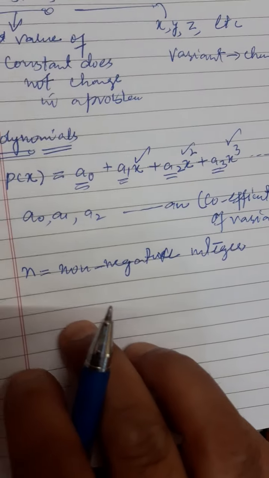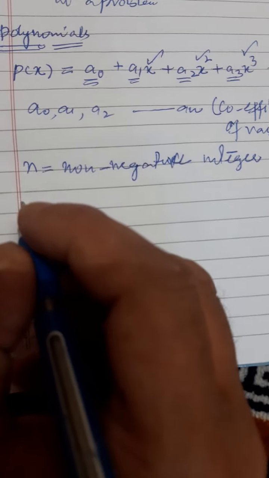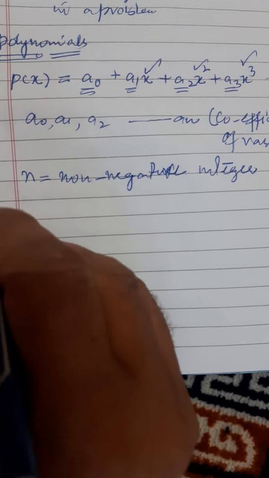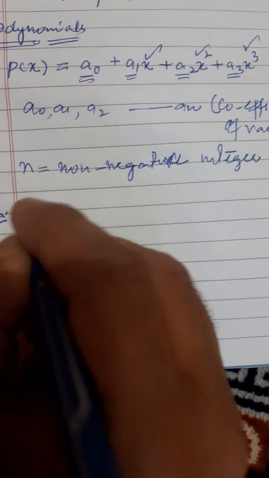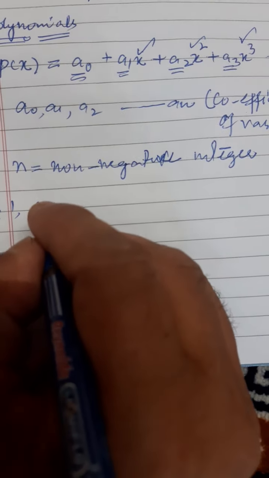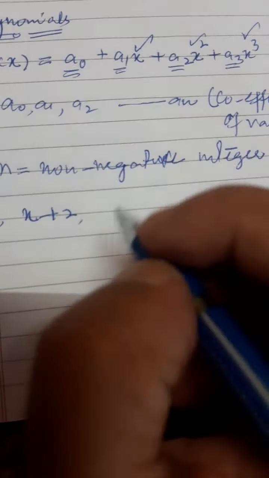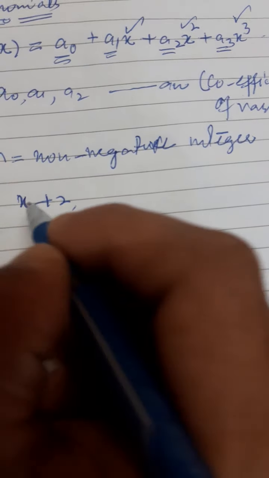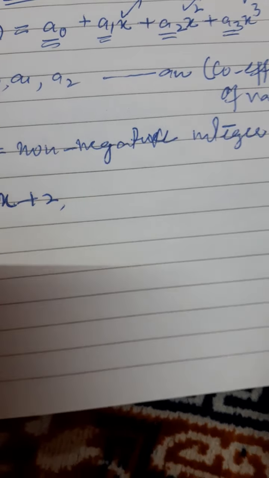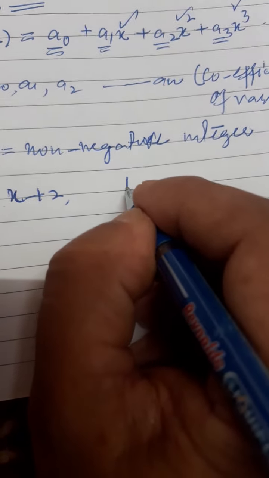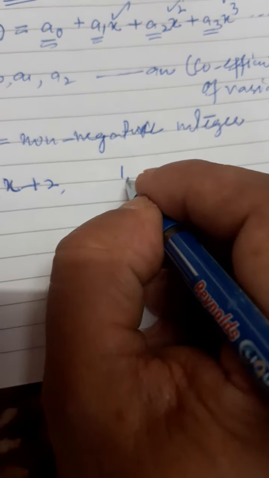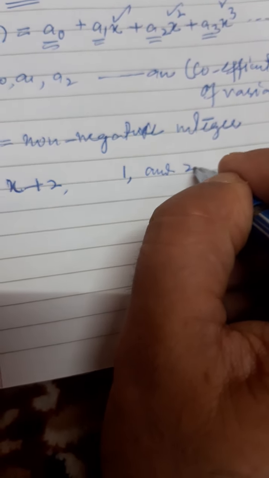So I will write a few examples in order to understand it fully. Dear students, let's take the first example, and that is x plus 2. It is a polynomial over integers, because the coefficients of x, which is 1, and 2, are positive integers.